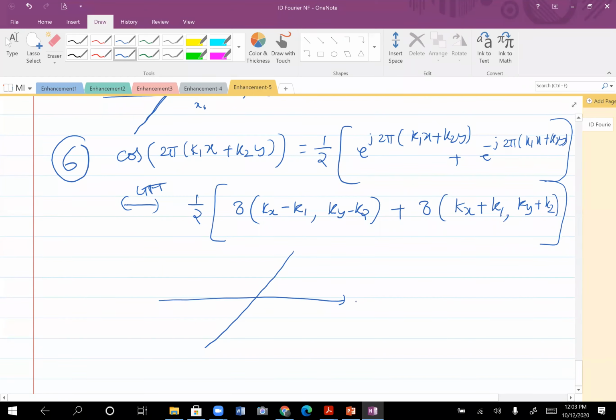Assume again this is my kx, this is ky, right? So how many impulses do I have now? Let me call this quadrant 1, quadrant 2, quadrant 3, quadrant 4. And then in which quadrants do I have impulses now, assuming my k1 and k2 are positive?